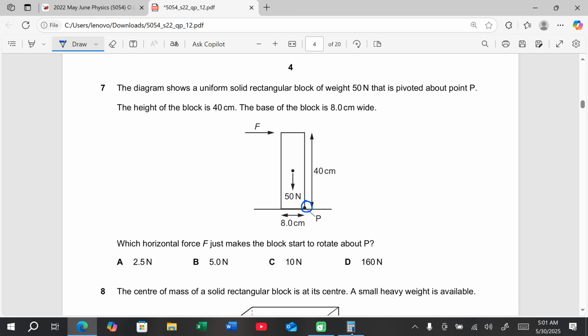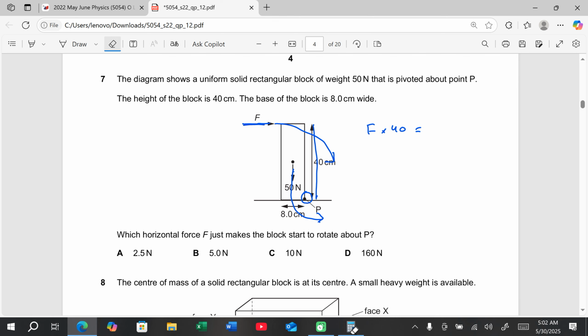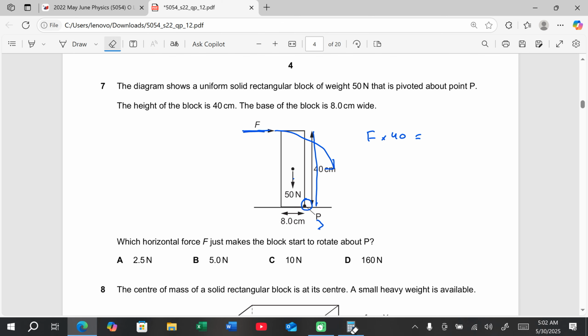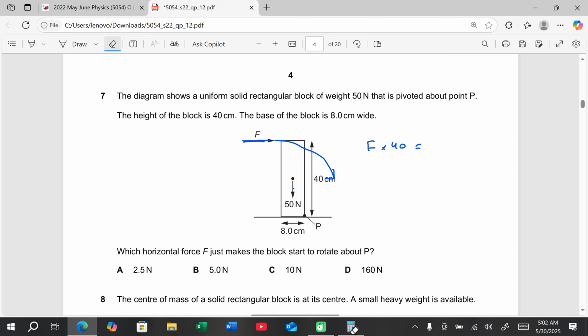So the clockwise moment is equal to the sum of the anti-clockwise moment. Right now this weight is going to be going like this above the pivot, so that's anti-clockwise, and the force is going to move it like this, so that's clockwise. So clockwise is this force multiplied by the distance from the pivot, F into 40 is equal to this force, which is 50 Newton, multiplied by the distance from the pivot.